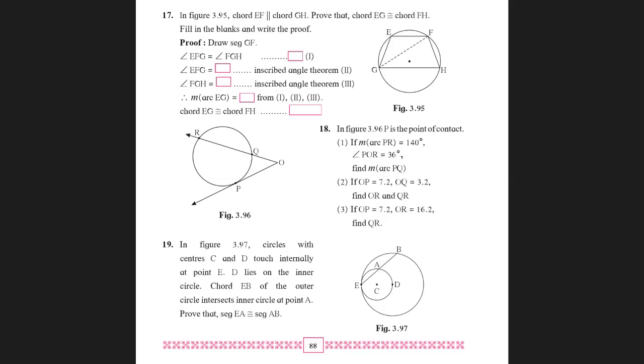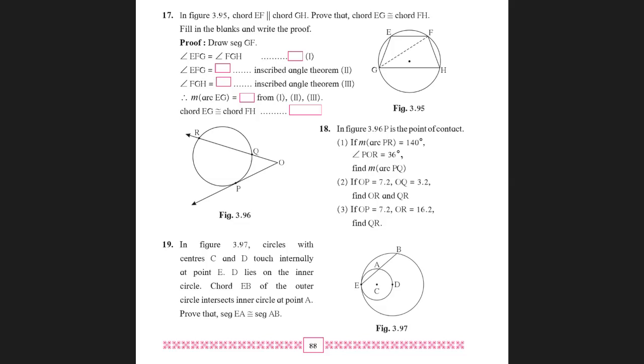So, first draw segment GF. Angle EFG is equal to angle FGH. What is the reason? Alternate angles. That is equation 1. So in the box that is given, you have to write alternate angles. So write with a pencil alternate angles.